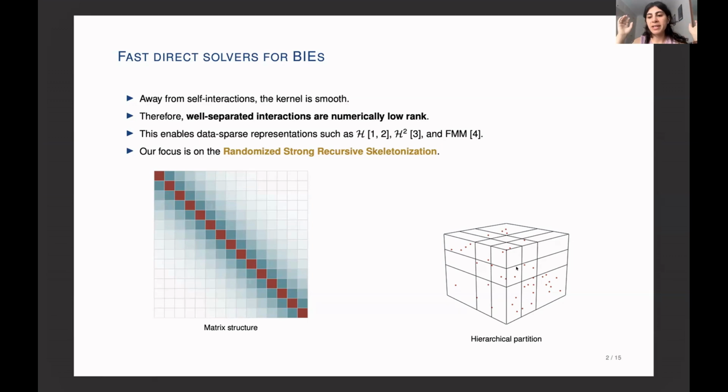all of these methods are based on a hierarchical representation of your domain, of your geometry. So if you imagine that you have many points in the space, you can enclose them in a box and then partition your domain recursively, and you will end up with a tree that has a hierarchy that you can use for your method.